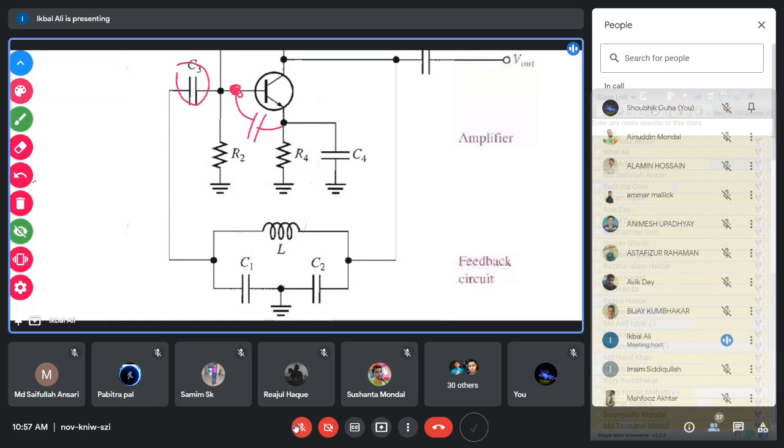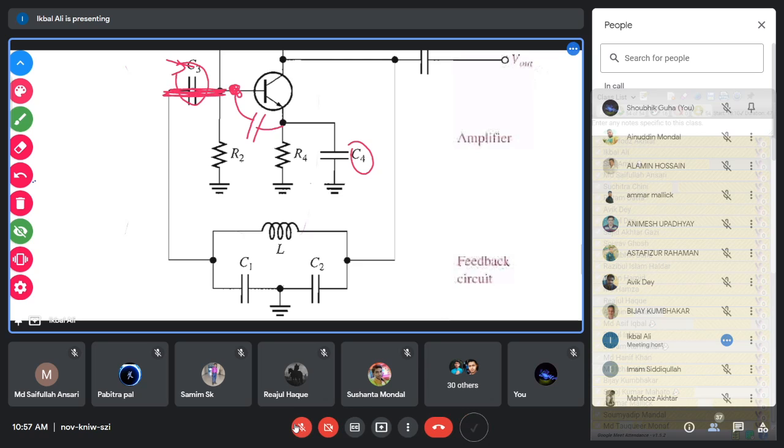In case of DC, all the capacitors will be open circuited; they do not take part in the electrical activity for DC. But when you are considering AC, all these capacitors come into play. C3, this blocking capacitor, and the bypass capacitors are very high value capacitors, so at the oscillator frequency these capacitors will be short circuited. So this path at the operating frequency is short circuited.